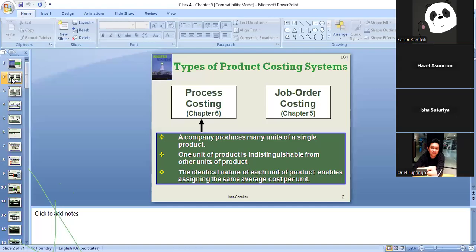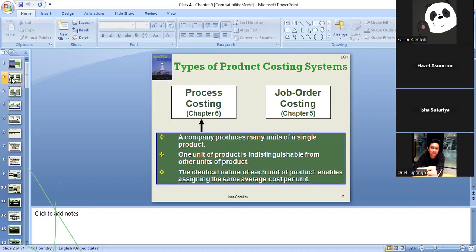First option is we're producing one product and one product only, which repeats itself, and we're producing many units of that single product. That means one unit cannot be distinguished from the other unit.